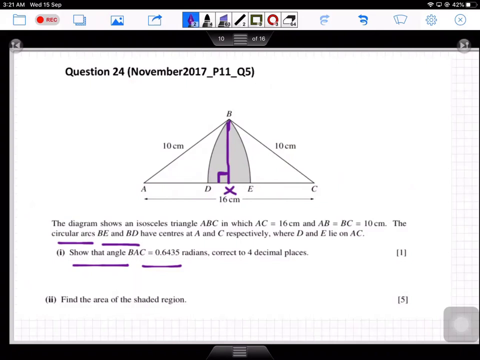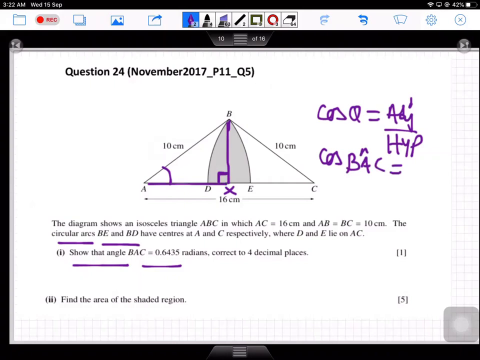So what we can do over here is we need to find this angle BAC. So we don't know the opposite side, but what we know is the hypotenuse and the adjacent side. So cos theta is equal to adjacent over hypotenuse. Cos BAC is equal to, this adjacent side is basically 8 centimeter and hypotenuse is 10 centimeter.